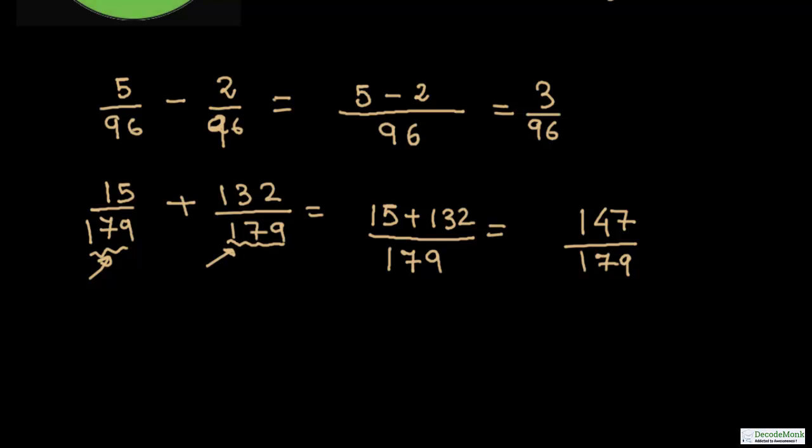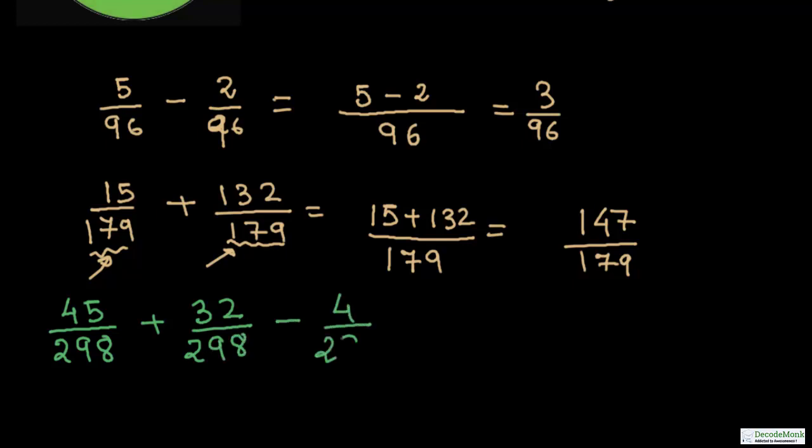Let us take an example: 45 upon 298 plus 32 upon 298 minus 4 upon 298. Here again, because the denominators are the same, equal to 298, we will keep the denominator the same over here, 298.